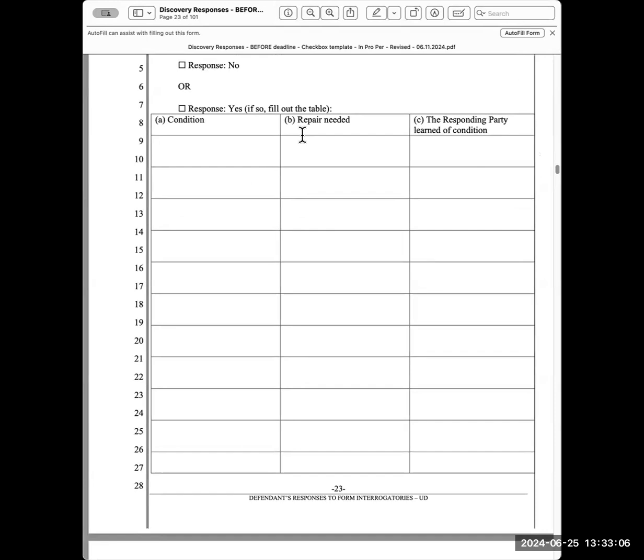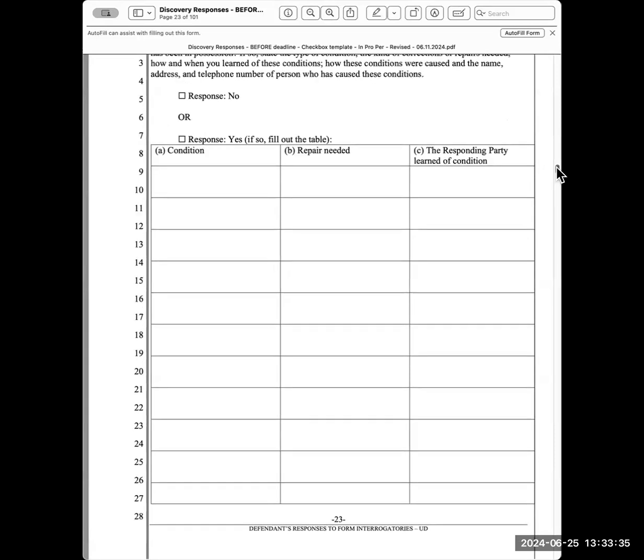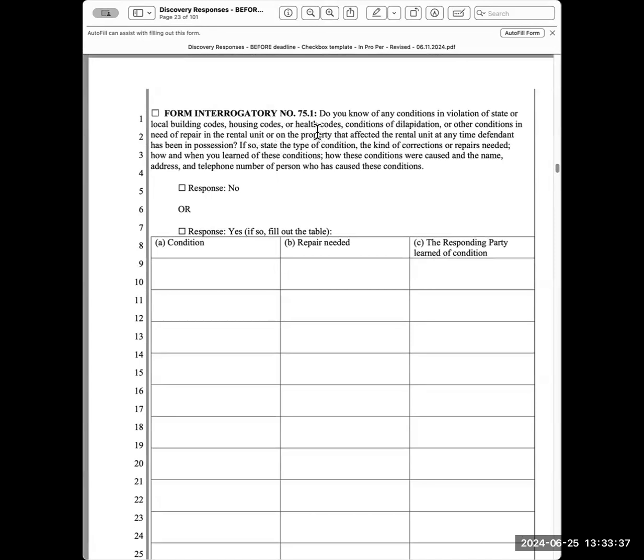Most people don't realize this, but if you're living in bad conditions that the landlord fails to remedy, especially if you notify the landlord of those problems, then you potentially could be granted a reduction of your rent, not just going forward until the repairs are made, but also for any months you paid full rent where you weren't getting a completely habitable unit. And it can be within your unit or on the property.